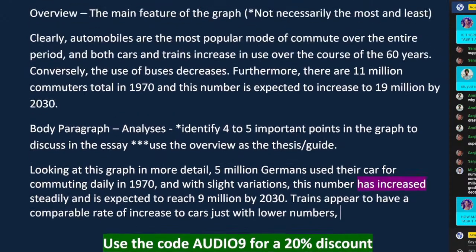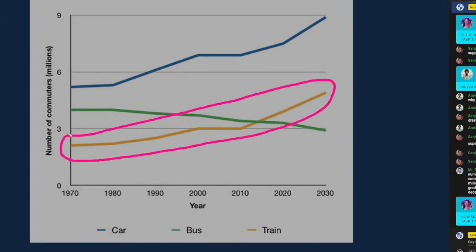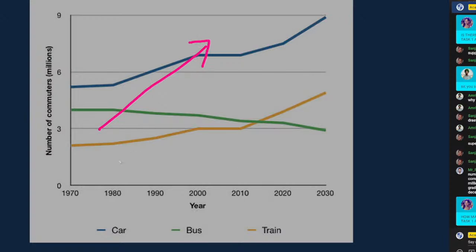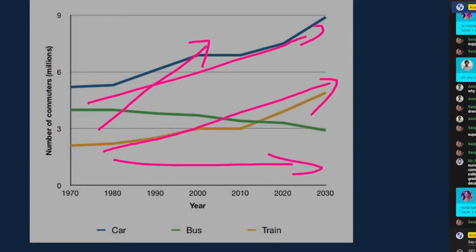Okay, so here what I'm talking about is the increase of use of trains is comparable. Okay, so it's not like one is like this and the other's like this. Okay, they're almost parallel. They almost show a parallel pattern. You can even say that, parallel patterns. Okay.